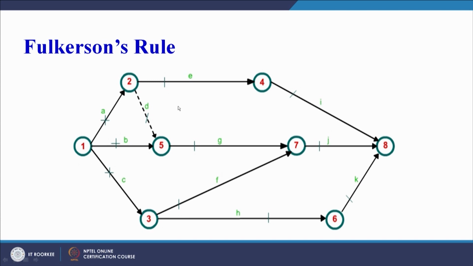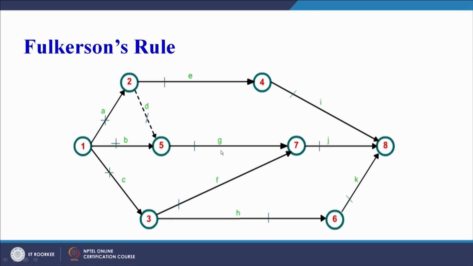From here E and D are coming out. D is a dummy activity here.